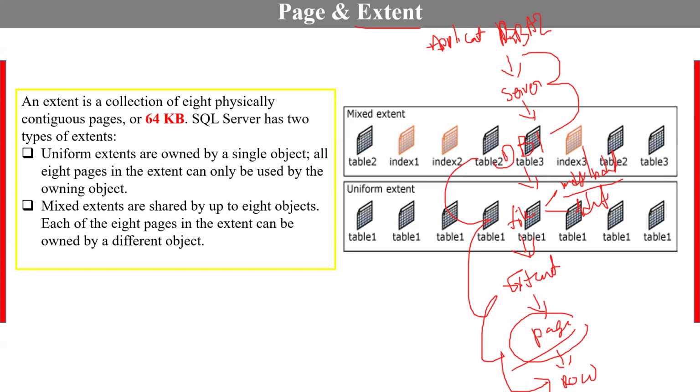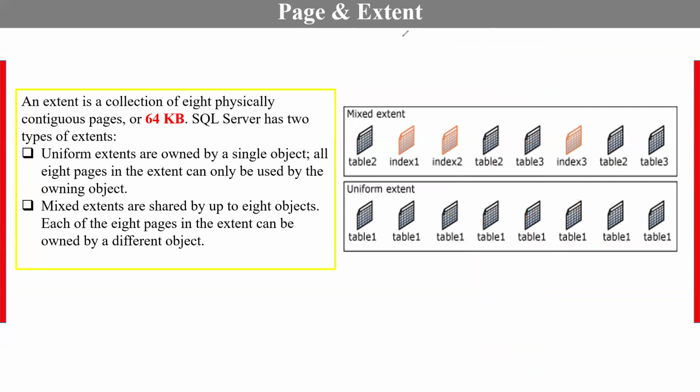This is the simplest understanding, sir. Now, what is an extent? It means 8 consecutive, continuous data pages. We call that an extent.